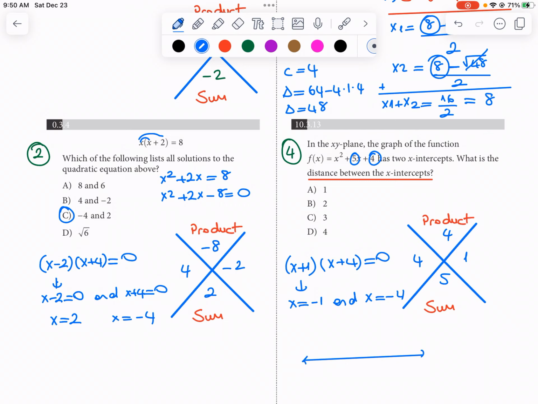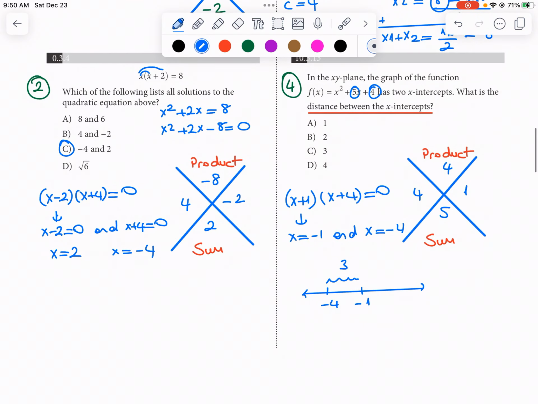So one solution is negative 4, and the other solution is negative 1, and the distance between them is going to be 3. Okay, 3 units. You can also find it this way: you can use the absolute value. Negative 4 minus negative 1 makes the absolute value of negative 3, and the absolute value of negative 3 is equal to 3. And the correct answer choice is C.